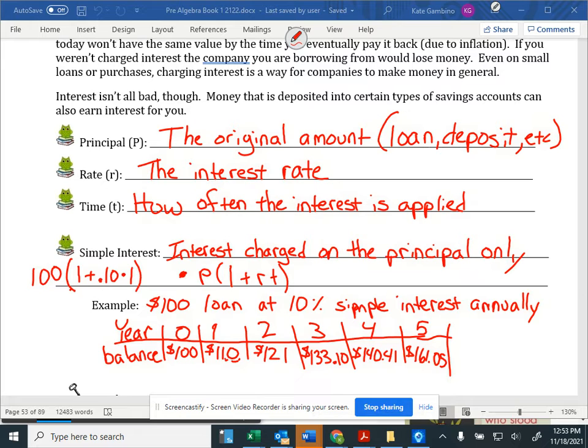What's changing here is our year, from 1 to 2. Because we've got this 1 right here. So 0.10 times 2 would give us 0.2, plus 1, times 100.